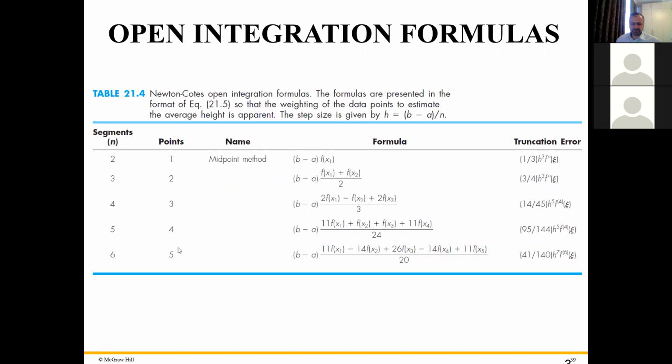So we can apply these formulas corresponding to the closed integration formulas. These formulas also can be applied, and they also have increasing accuracy, which is obtained by increasing the number of segments considered in each application or iteration of the formula.